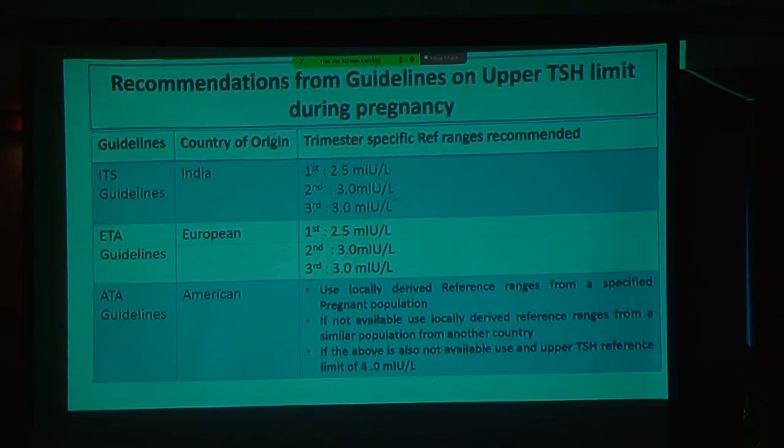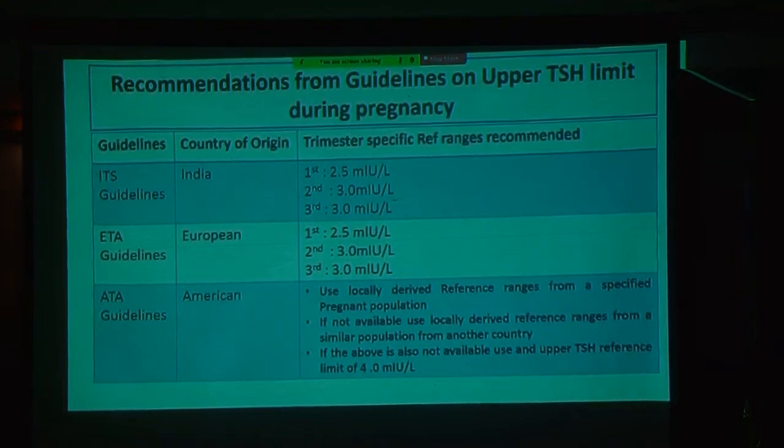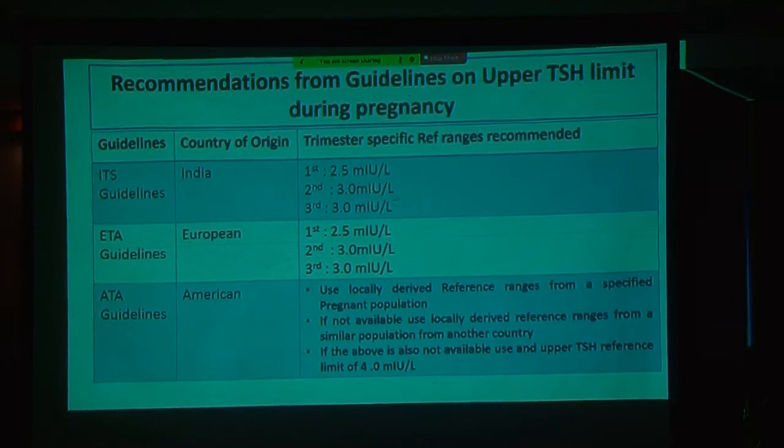Okay. ITS, Indian Thyroid Society, says in the first trimester keep the TSH at 2.5, second trimester 3, and third trimester 3. The European Thyroid Society also says the same thing. But the American Thyroid Association has come out with a different explanation.